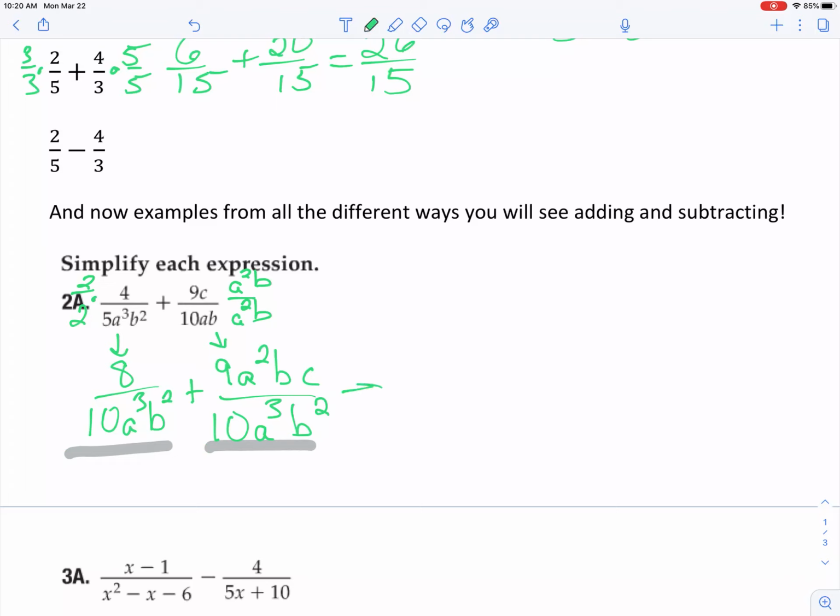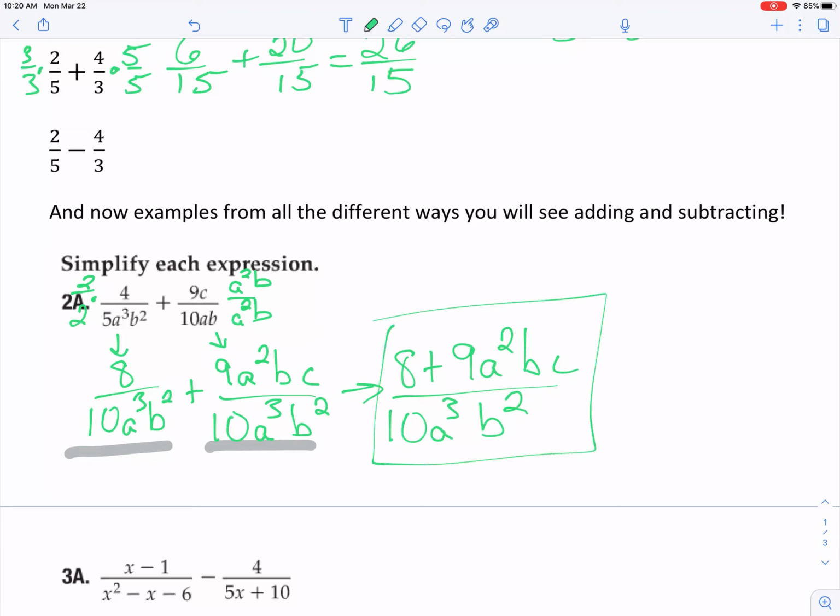So now all you do is write the stuff that's on top with a plus sign in the middle. 8 plus 9, A squared BC, over 10 A cubed B squared. Again, you only have to write that bottom once. If there were like terms on top, go ahead and combine them. There are not in this case, so that's my final answer.